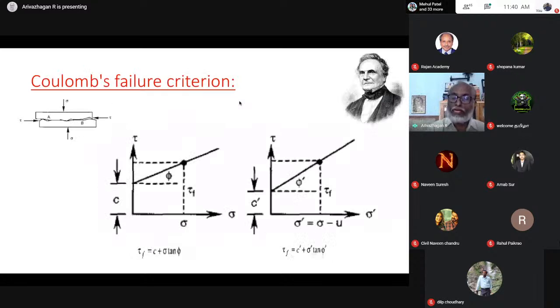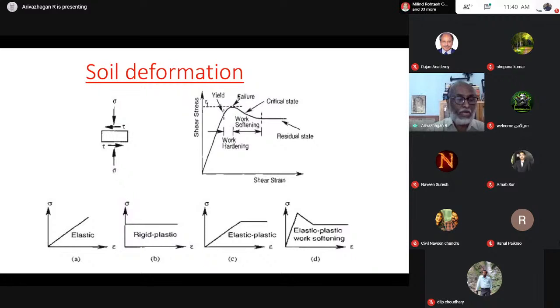After the yield point, the shear stress continues to increase. See here, the shear stress continues to increase and reaches a peak value that is called the failure point. This is the maximum shear strength of the element corresponding to the applied normal stress.